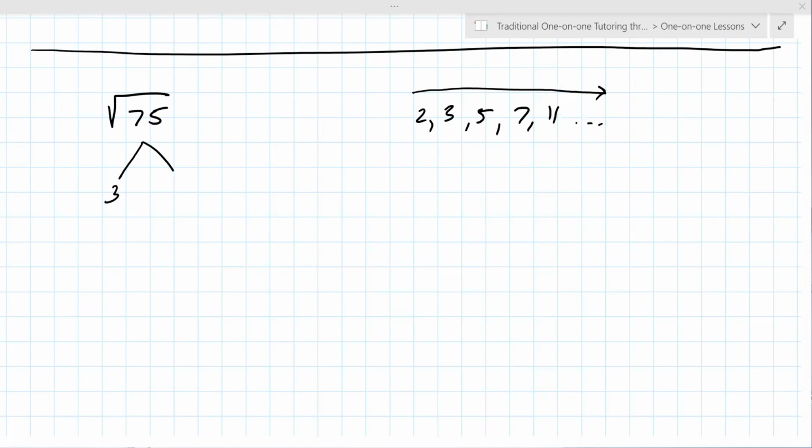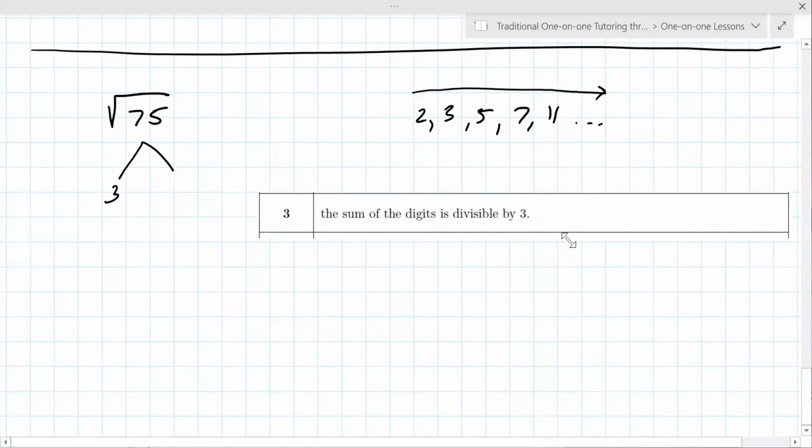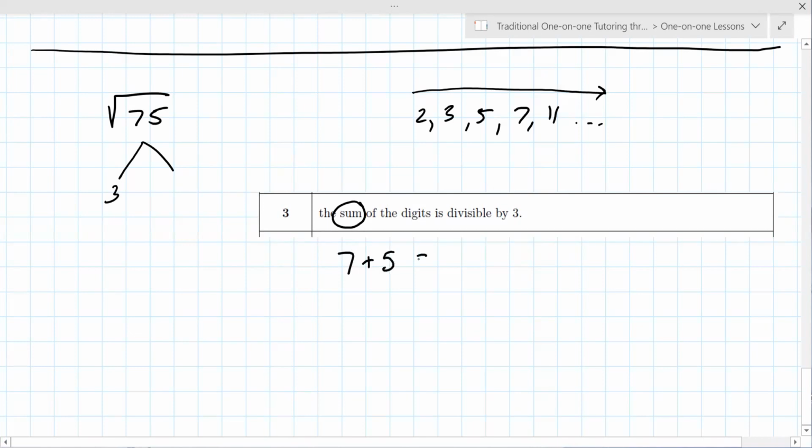That's right. Now let me pull up the divisibility rule for 3 so that you can see it. The full divisibility rule sheet's available on my website. If the sum of the digits is divisible by 3, then the number is divisible by 3. In this case, the sum refers to 7 plus 5. What is 7 plus 5? 12. Is 12 divisible by 3? Yes, it is.